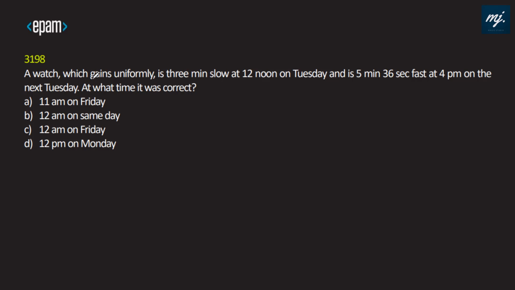A watch which gains uniformly is 3 minutes slow at 12 noon on Tuesday and is 5 minutes 36 seconds fast at 4 p.m. on next Tuesday. At what time was it correct? Now, how much is the time difference between 12 noon Tuesday to 4 p.m. next Tuesday?